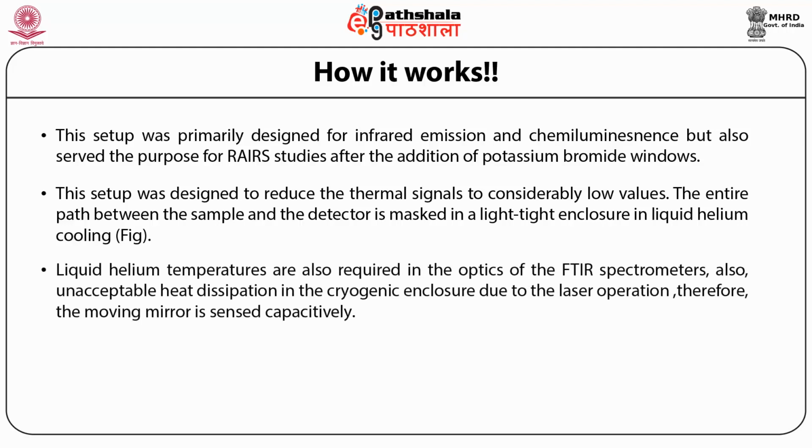Liquid helium temperatures are also required in the optics of the FTIR spectrometer. Also, unacceptable heat dissipation in the cryogenic enclosure due to the laser operating here is avoided. Therefore, the moving mirror is sensed capacitively.